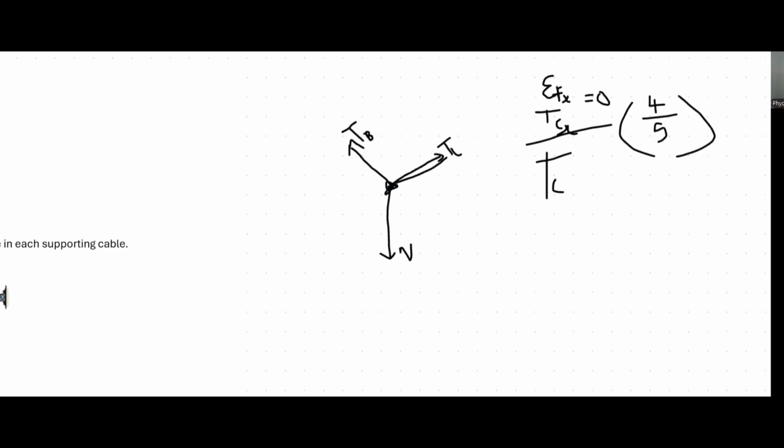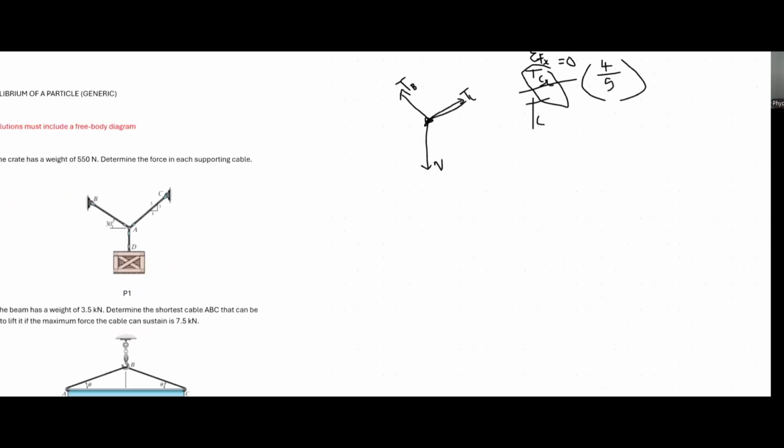So here we are going to make TCX the subject of the formula. When we make TCX the subject of the formula, we are going to multiply both sides by TC.